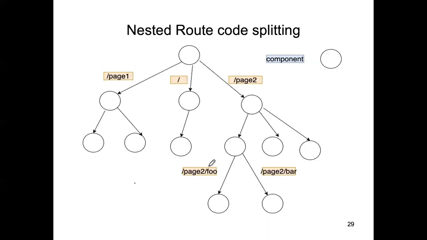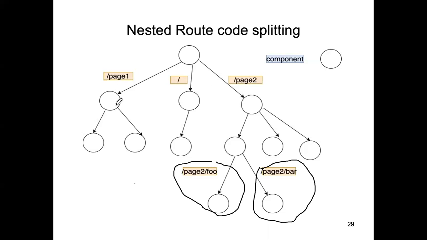That would be an opportunity to use further code splitting. So I'm suggesting we should have a bundle that just contains that component and maybe its children. Now we have one bundle, two, three, four, five bundles for all of our source code, and those bundles are only requested on demand.